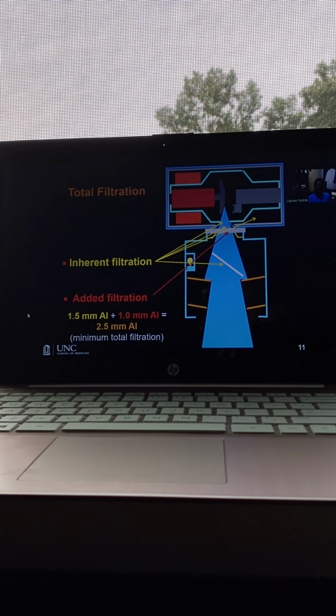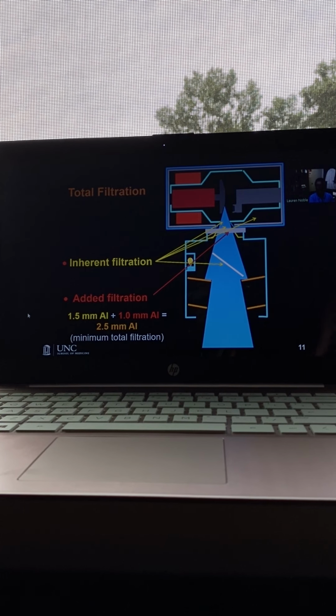So if you notice, with inherent filtration, nothing is made of aluminum, but those four things need to filter out the beam the same as 1.5 millimeters of aluminum would. So that's what its unit of measurement is.